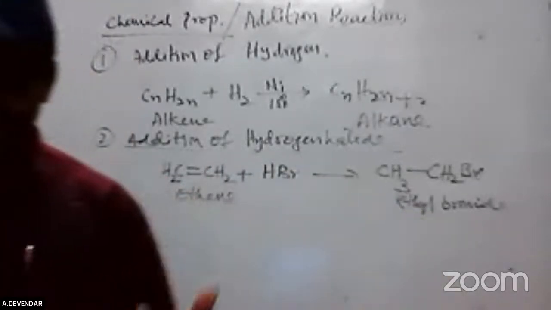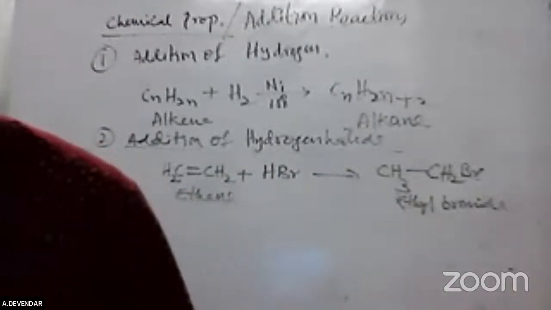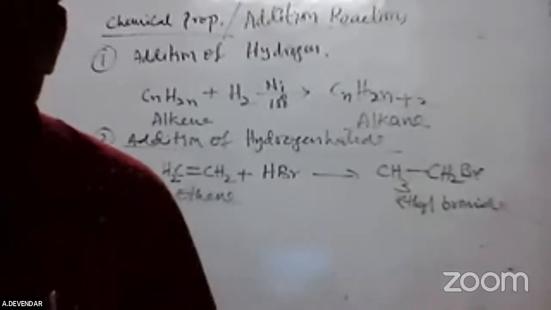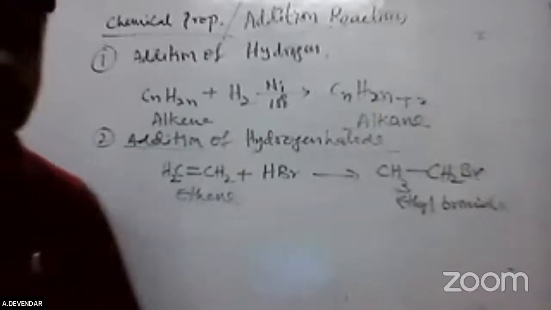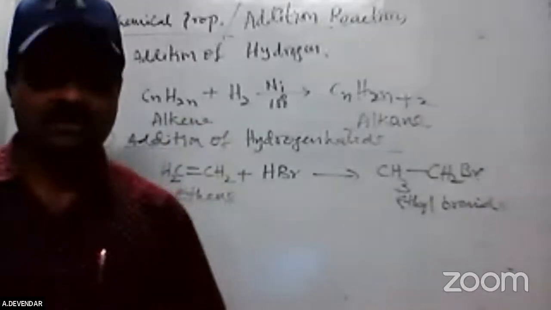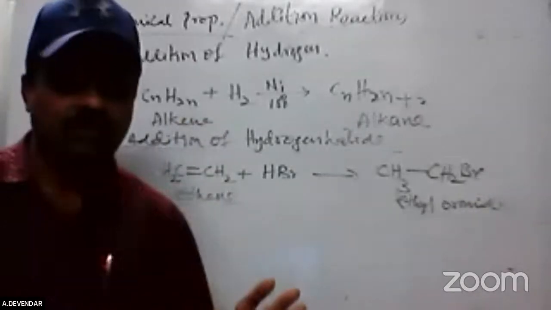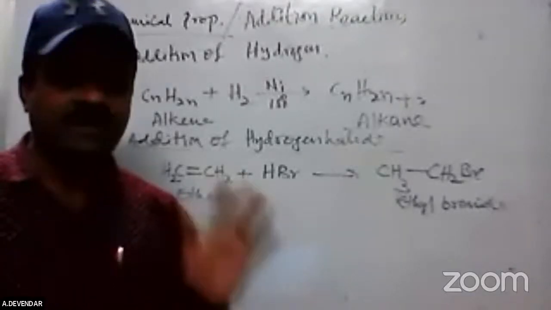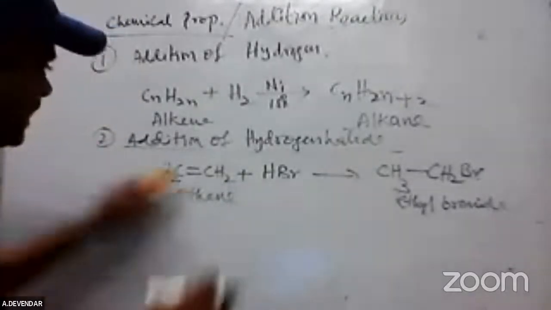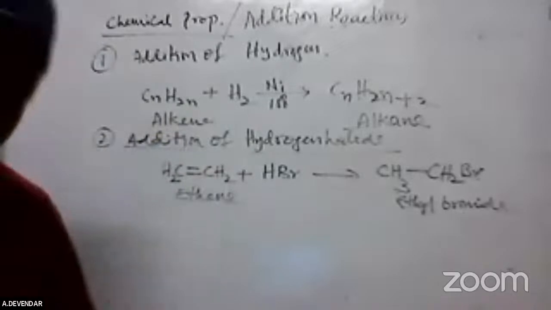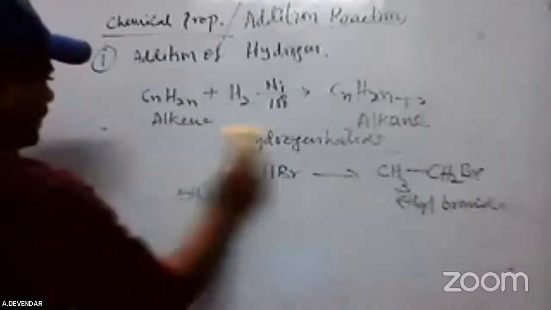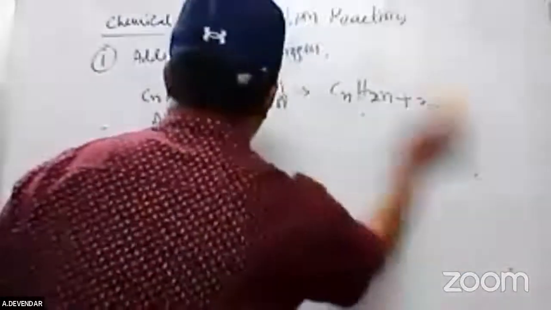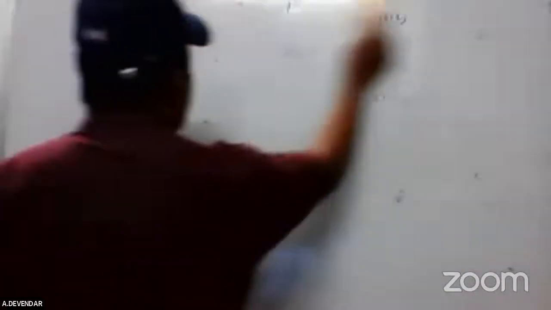Suppose the number of carbon atoms increases, what happens? That is explained by Markovnikov's rule. What is Markovnikov's rule? It is an essay type question they ask: What is Markovnikov's rule? Explain with the mechanism. So please remember, this is nothing but the addition of hydrogen halide property. I will explain the addition of hydrogen halide in terms of Markovnikov's rule.